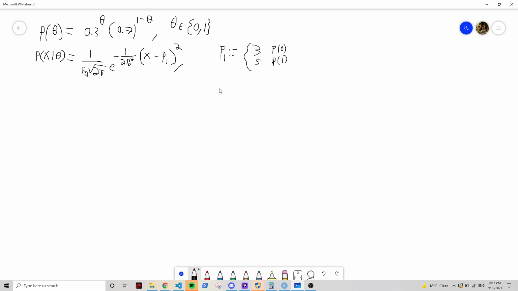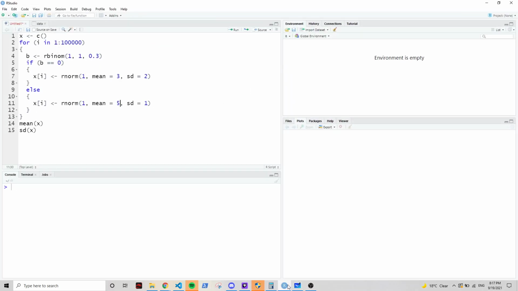Let me finish p0 first. I defined a standard deviation of 2 when theta is 0 and 1 otherwise.